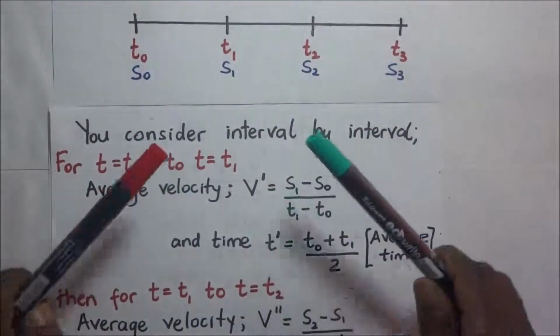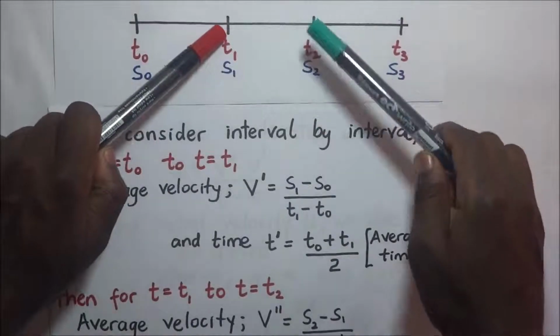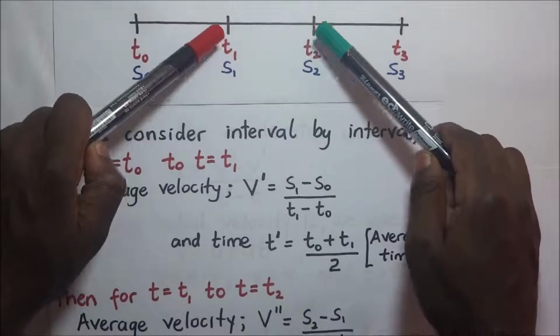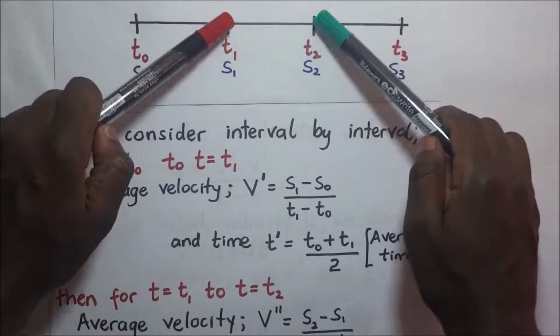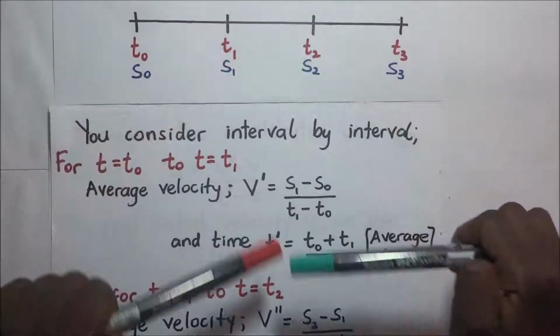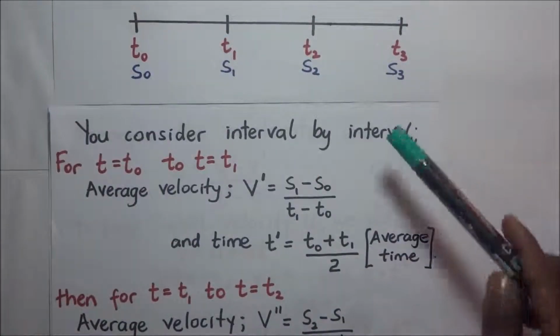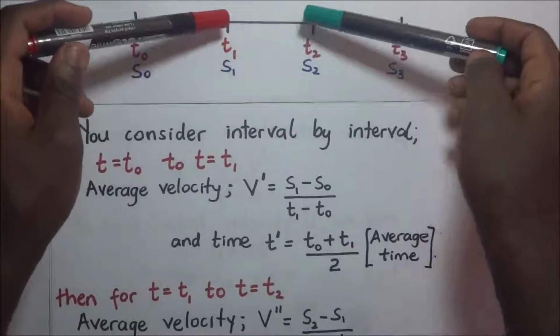Now we go ahead to the second interval, t1 to t2. In this second interval, we are still going to do the same. We want to get the velocity in this interval because the velocities are not the same. By definition, the rate of change of displacement equals velocity.